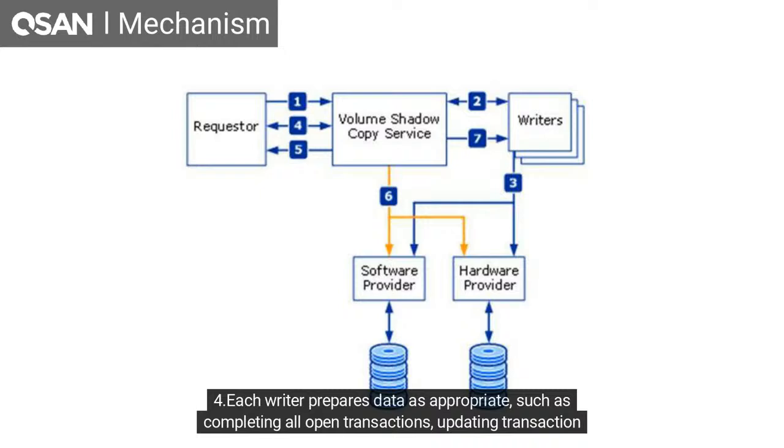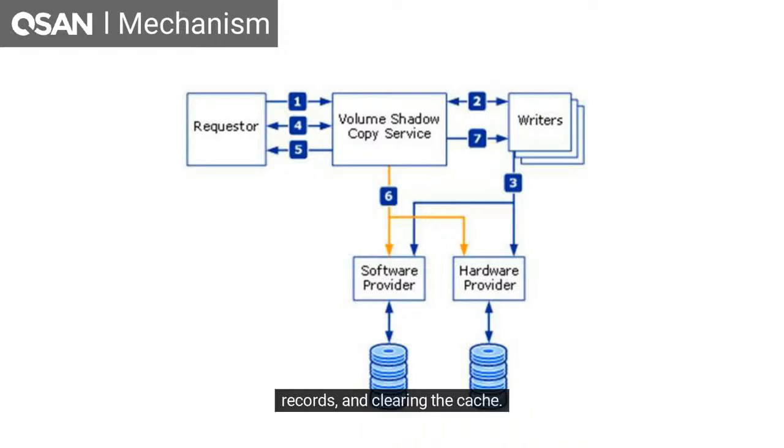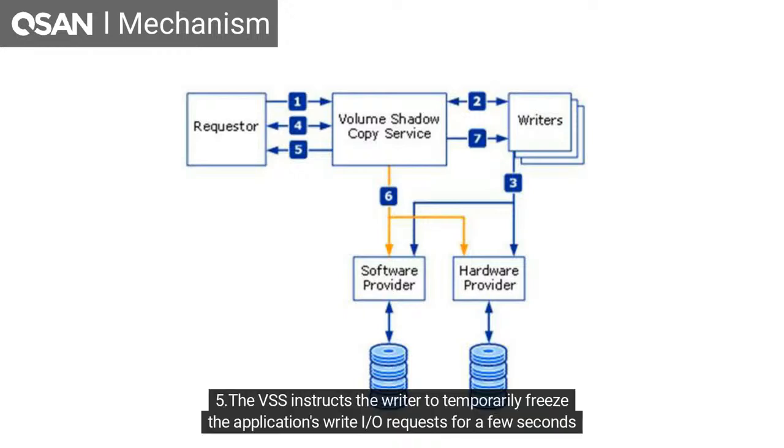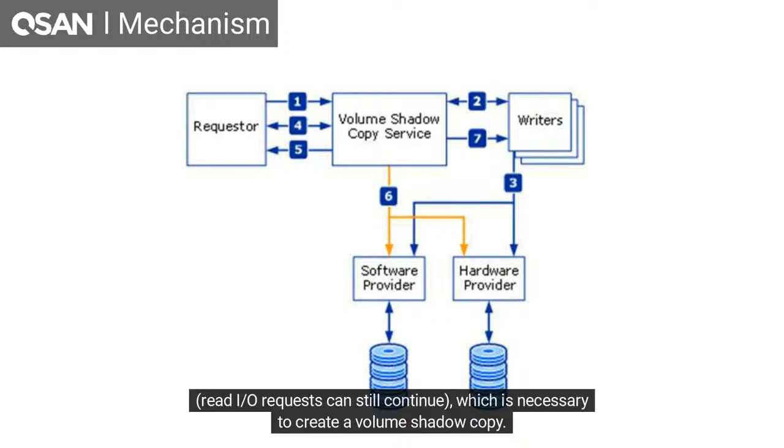4. Each writer prepares data as appropriate, such as completing all open transactions, updating transaction records, and clearing the cache. When data is ready for shadow copying, the writer notifies the VSS. 5. The VSS instructs the writer to temporarily freeze the application's write I/O requests for a few seconds. Read I/O requests can still continue, which is necessary to create a volume shadow copy. 6.